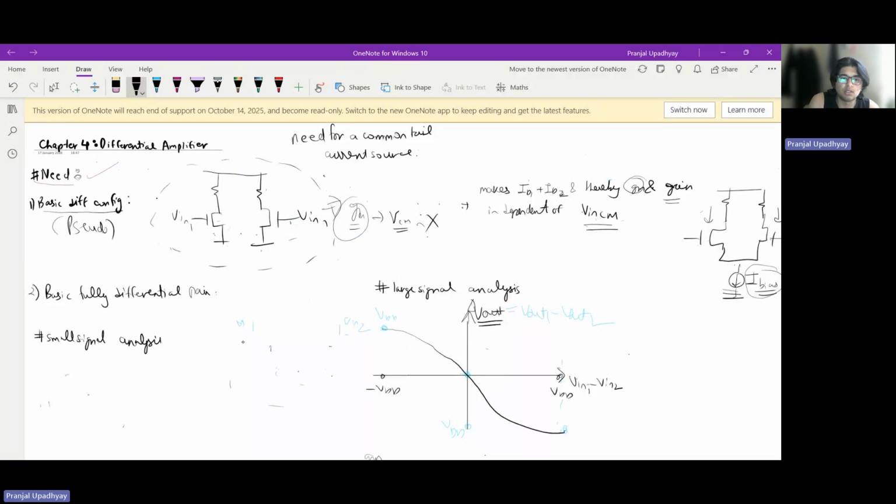And thus we use a tail current source at the bottom, and this is now fixed. By using a fixed tail current source, let us call it I bias, at any point of time in the operation of this circuit, the summation of the current through this and this branch is a constant, and thus we are able to make the GM or the transconductance of this pair loosely, or rather, independent of V in CM, which is typically desirable in the operation of a circuit, right?